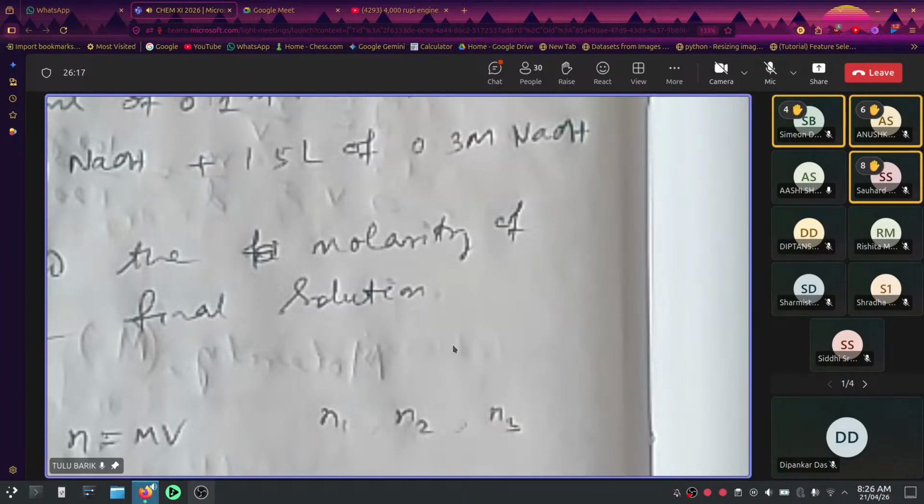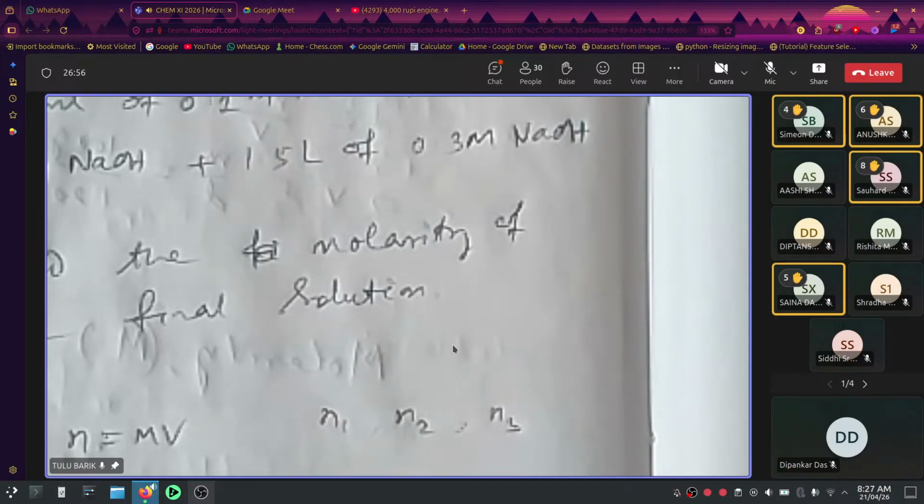Yes. So first we found out for solution 1. What is n1? Molarity into volume. What is the molarity? 0.1, into volume. What is the volume? 200 ml, that is 0.2 liter. So you got 0.02 mole. Okay, this is for solution 1. Then solution 2: number of moles n2 is M2 into V2.